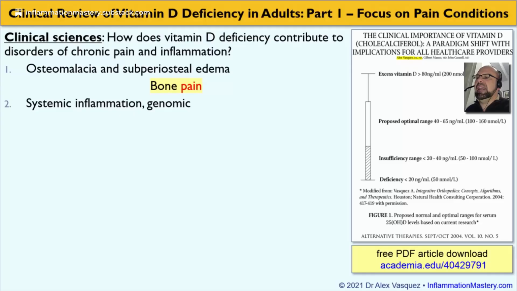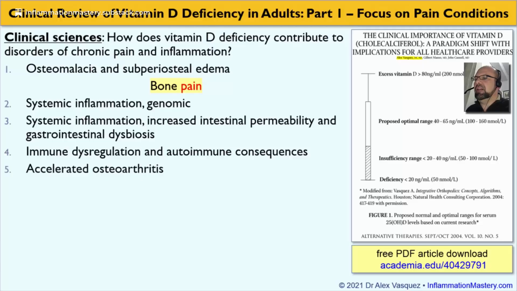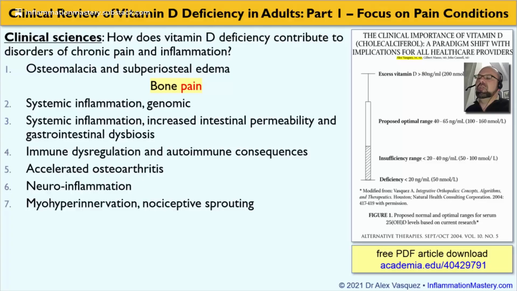Next: systemic inflammation from a genomic standpoint, increased intestinal permeability and gastrointestinal dysbiosis, immune dysregulation and autoimmune consequences, accelerated osteoarthritis, neuroinflammation, and here's a new term that I just made up while putting this together, myohyperinnervation. This is a proliferation of nociceptive neurons in muscle as a consequence of vitamin D deficiency.